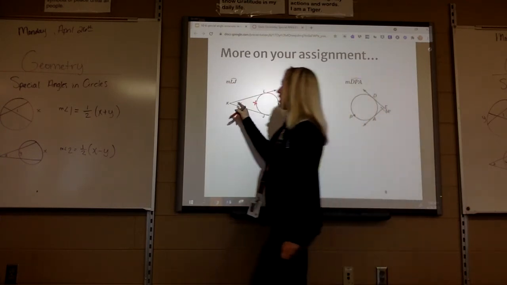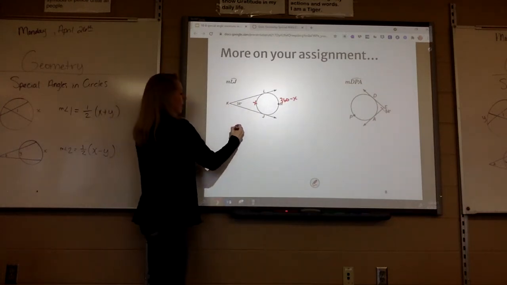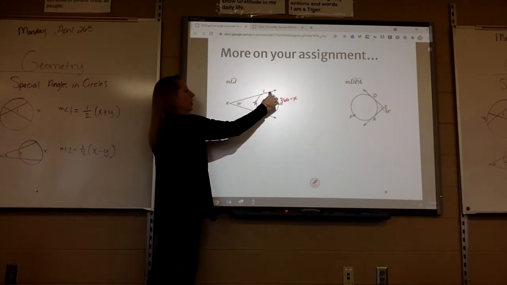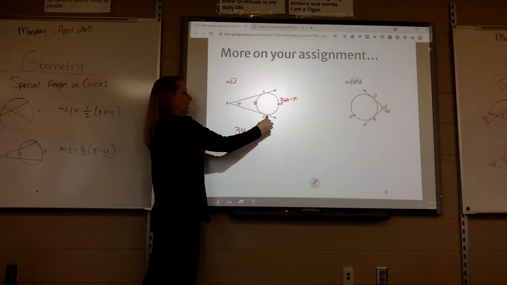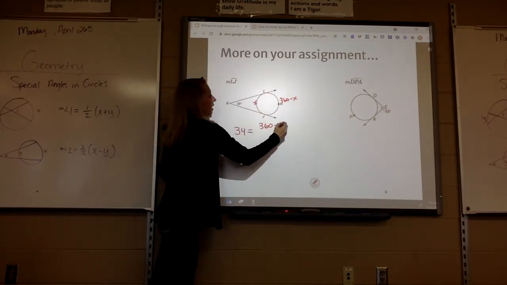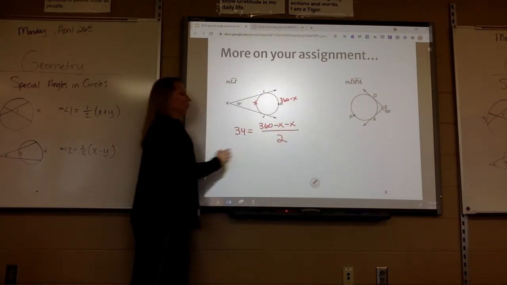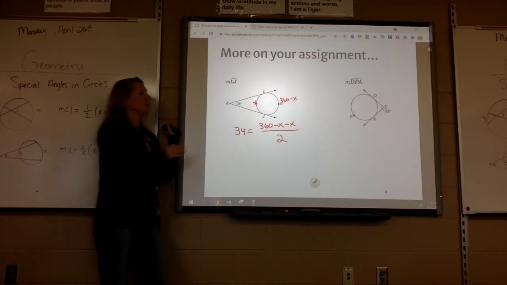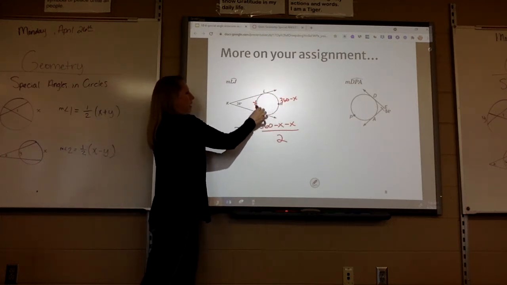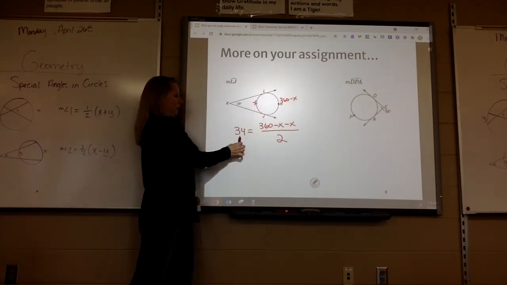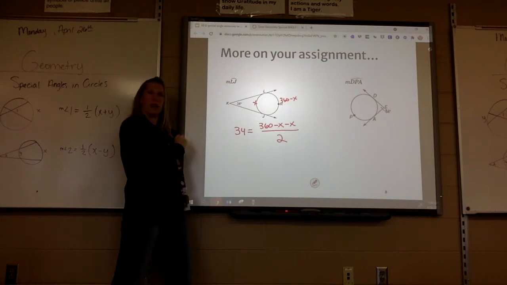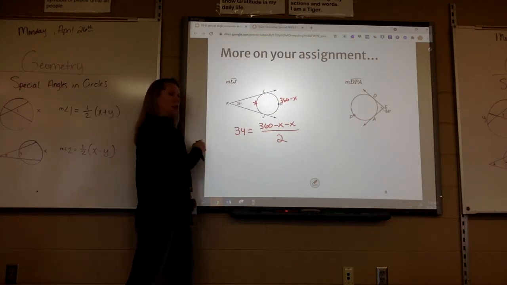So when I set it up, I know that this outside angle will equal this arc minus this arc, 360 minus x, divided by 2. So I did big arc minus the little arc divided by 2, and that's going to equal that angle. What do I do now to solve that? How would I get rid of this 2 right here?